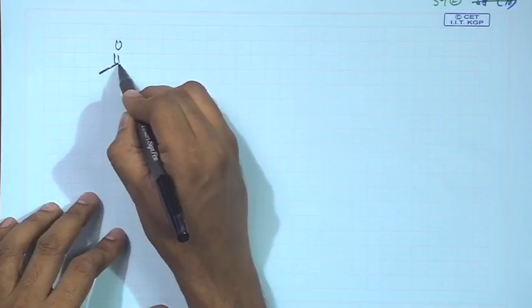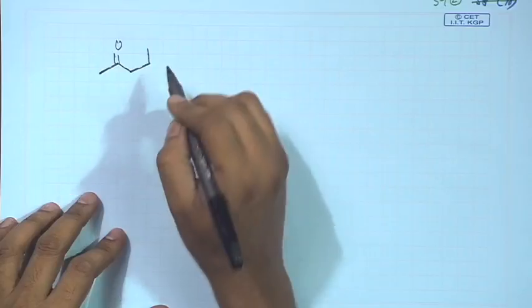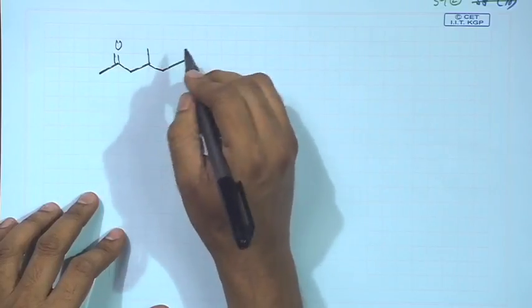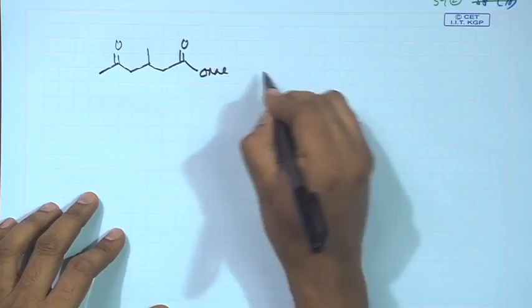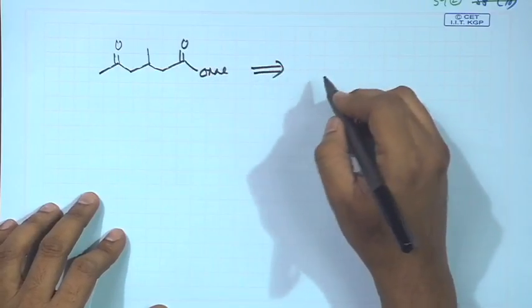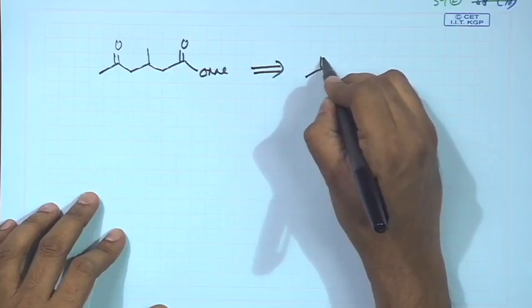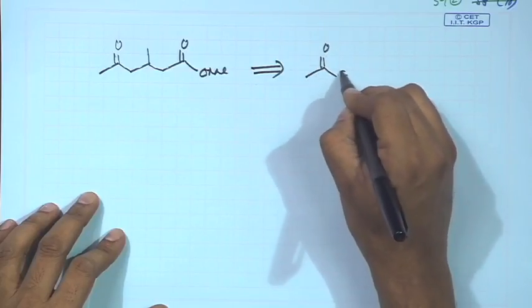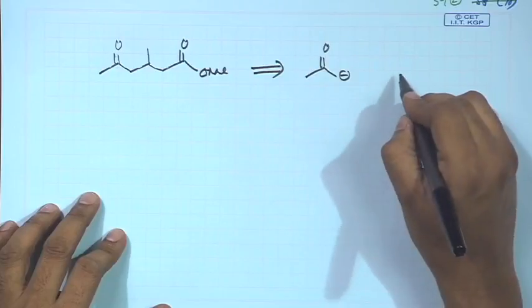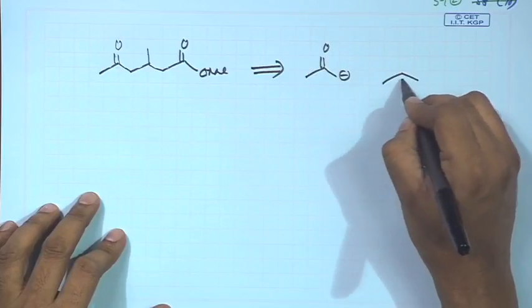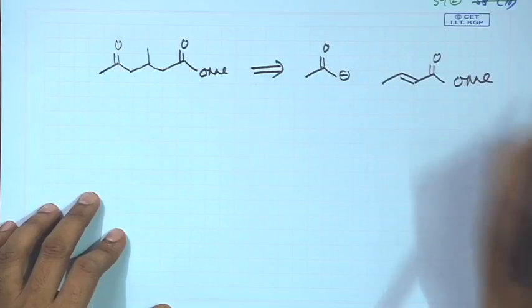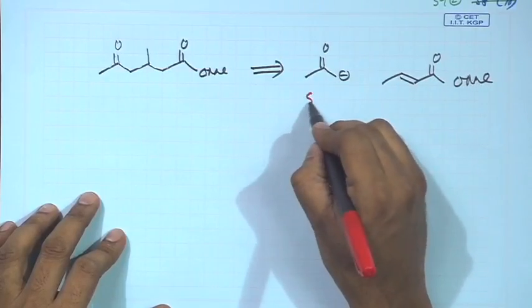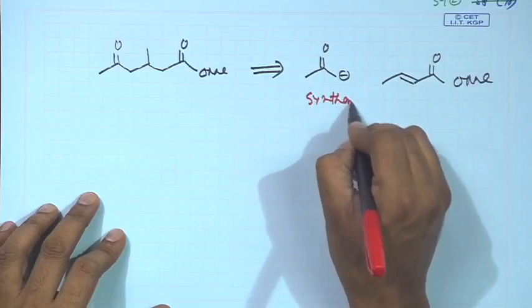Probably the very classic example of a synthetic equivalent disconnection, or the synthon concept in retrosynthetic analysis, is visible from this particular example, where you have this particular anion and this particular acceptor. I am saying this one is synthon 1.